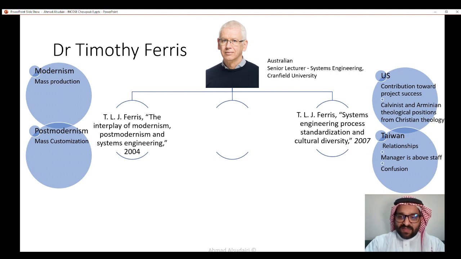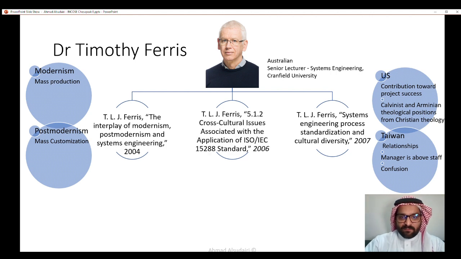Whereas in Taiwanese philosophy, because of the Confucian effect, the most important thing is the relationship between people. And also, sometimes the management decision is above everybody. Applying any systems engineering from one standard will not directly fit in Taiwanese culture.